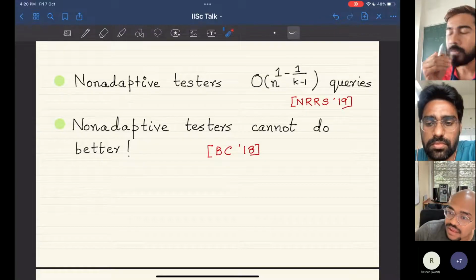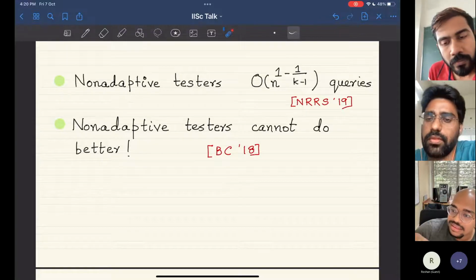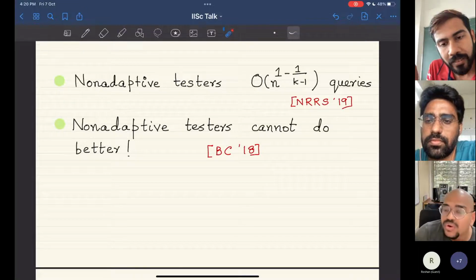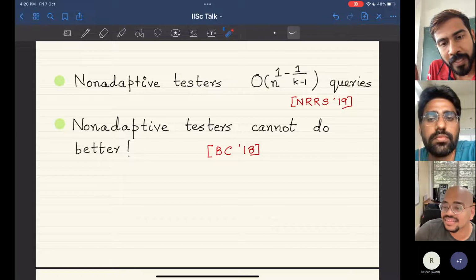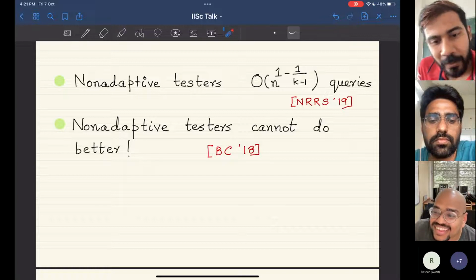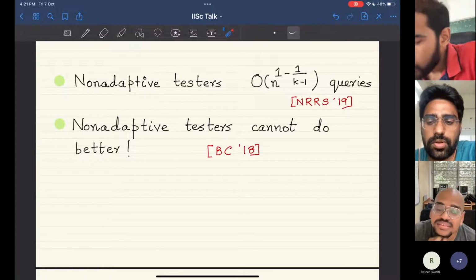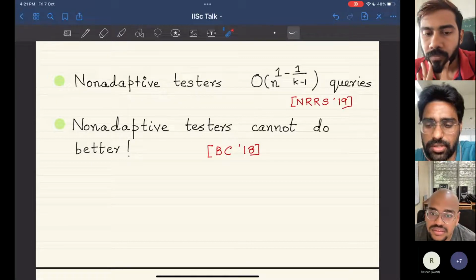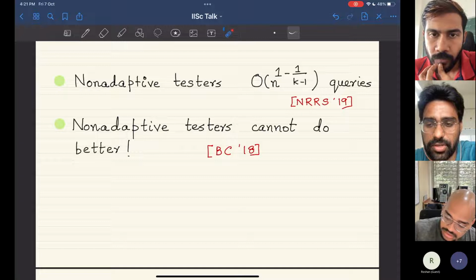So if k is exactly n, there is a 1-1 mapping, right? But these are arbitrary real values in the array. Oh, okay, got it. Arbitrary real numbers. The range of the array is not from 1 through n. Right, got it. So for 2-1, this bound doesn't give anything; this result doesn't give any lower bound. So what is the lower bound then for 2-1?